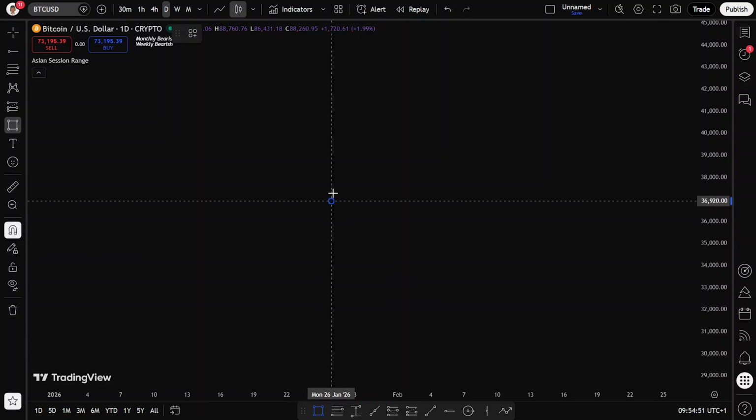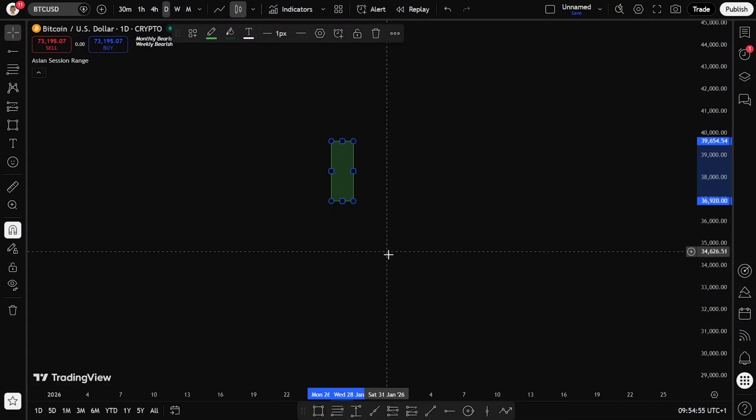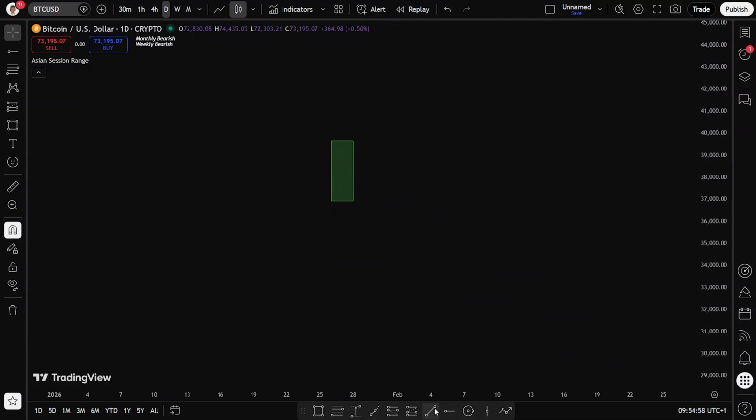This is a resistance, a bullish candle, then it closes there. Let's draw the wick. A bullish candle followed by a bearish candle. And remember, we're marking the closing price, don't forget that.